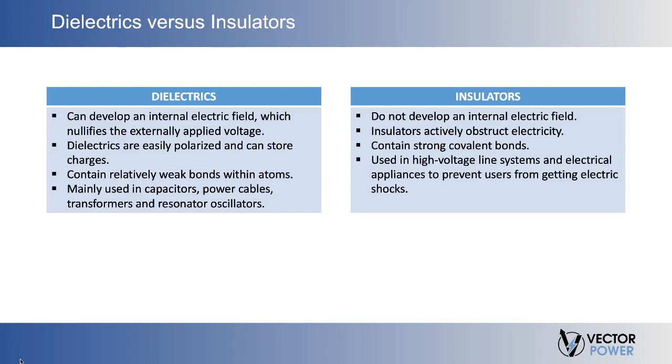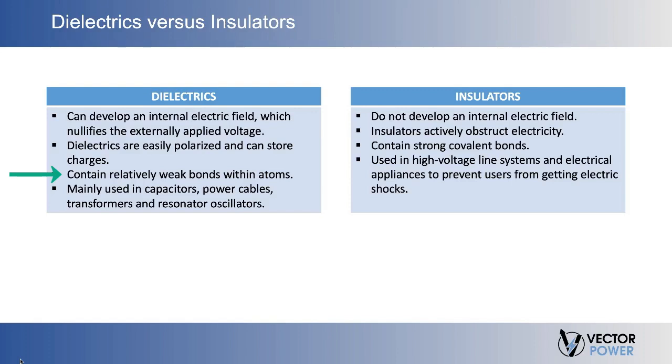Now, let's do a slight comparison of dielectrics to insulators. Dielectrics can develop an internal electric field which nullifies the externally applied voltage, while insulators do not develop an internal electric field. Dielectrics are easily polarized and can store charges. Insulators actively obstruct electricity.